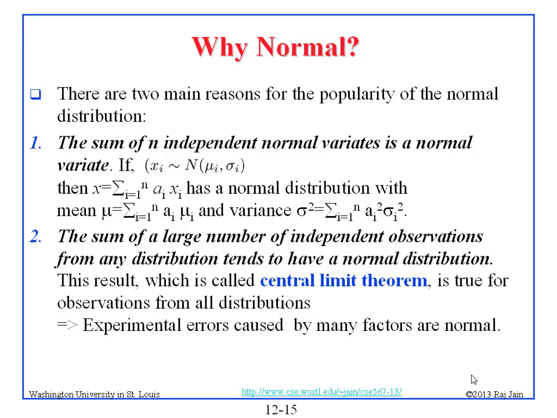You have taken care of all the factors, but there are lots of other parameters that you have not taken care of, and they are causing variation in your measurement, and therefore the errors are at least assumed to be normally distributed. In our class, we'll learn how to verify that assumption, that something is normally distributed. The reason they are assumed to be normally distributed is that they are caused by many, many factors. Each factor gives a little variation, and the sum of all these variations becomes normal.